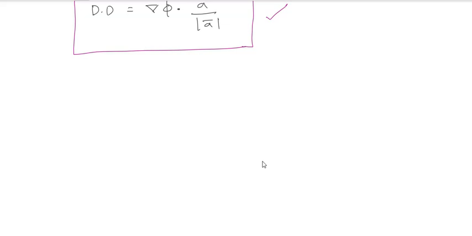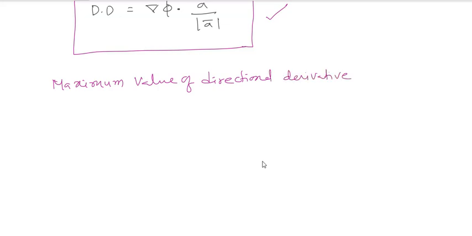Generally sometimes they will ask you the maximum value of the directional derivative, or sometimes they will ask you the greatest rate of increase of φ, all are the same.